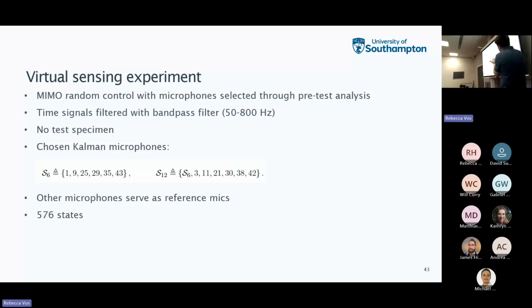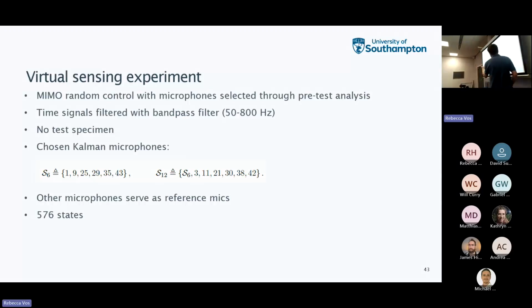Then we did the virtual sensing experiment. We ran a MIMO random control algorithm to get this working in a traditional way. Siemens has a tool called pretest analysis, where you can, based upon a whole bunch of microphones, select the best ones to use.